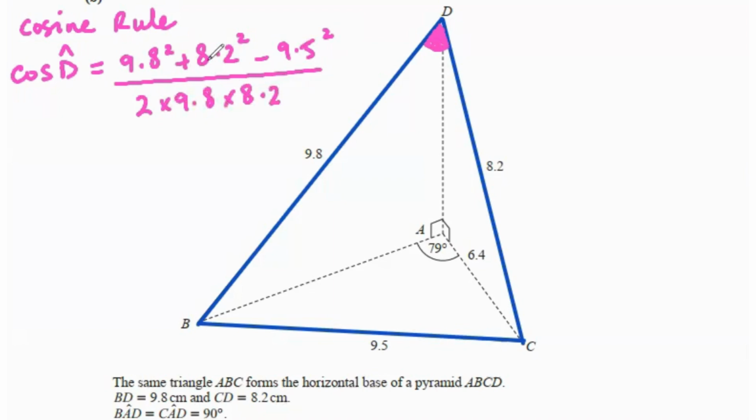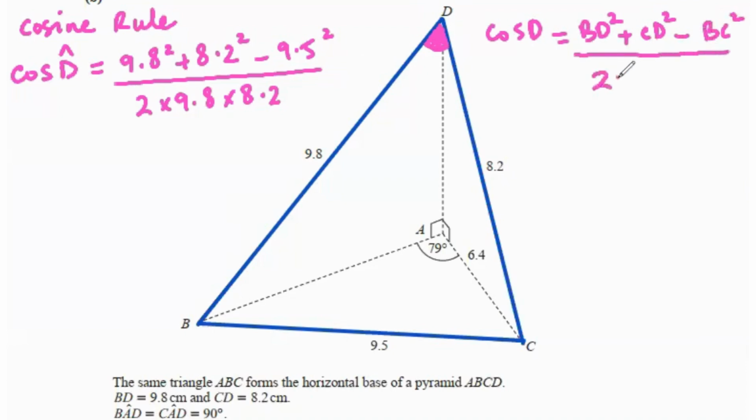If there's still any confusion, the formula we're using is cos of angle D equals BD square plus CD square minus BC square, divided by 2 times BD times CD. This is the formula that we used.